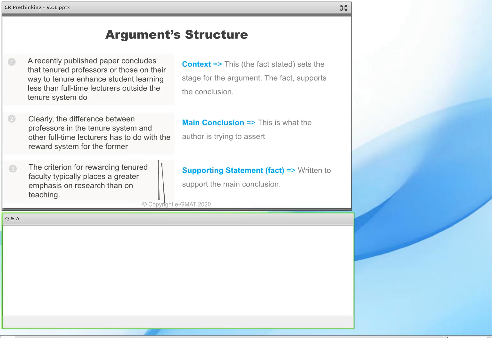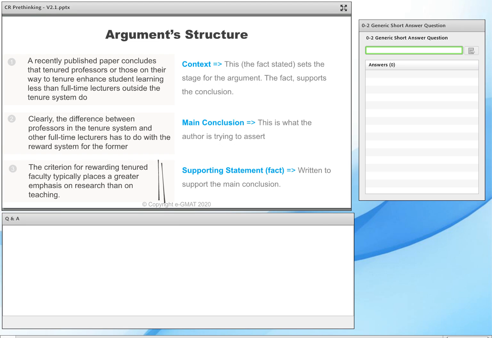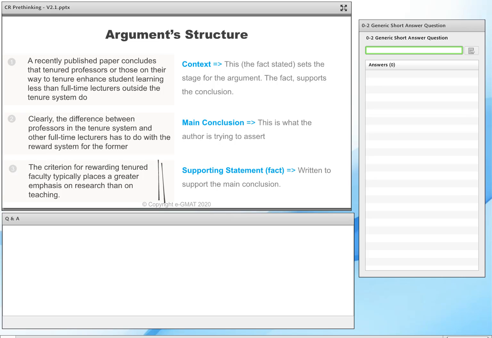And that's really important because a lot of people, when they look at this, they say, hey, this is talking about comparing the reward system for tenured faculty with that of full-time lecturers. And some of you probably did that when you read the argument, but there's no information about full-time lecturers here. This word greater is a comparative word that compares the emphasis on research versus the emphasis on teaching.